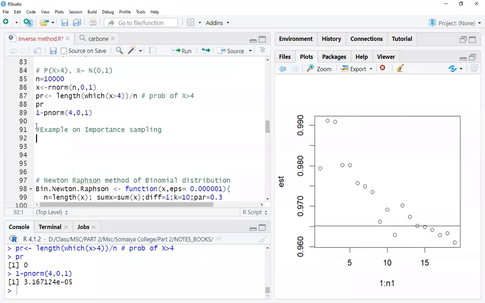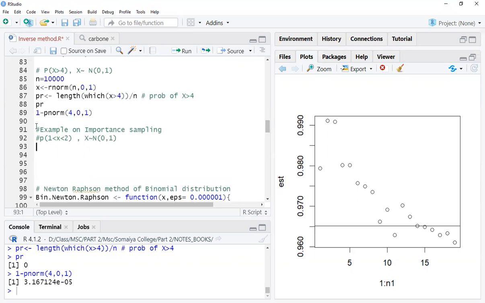Here we are interested to obtain the probability that 1 is less than x less than 2, when x follows normal with 0 comma 1. This we have already done for at least one problem, so you know how we can write the code for this. Suppose you are generating 10,000 observations, correct? X are normal distribution, rnorm.